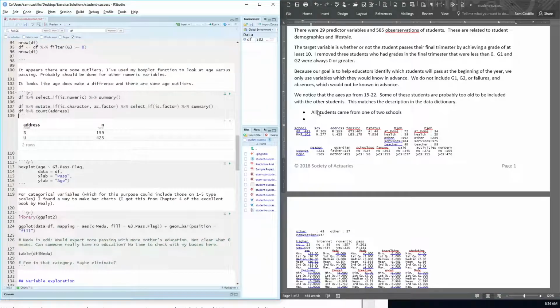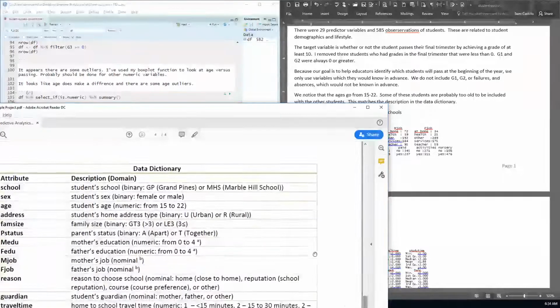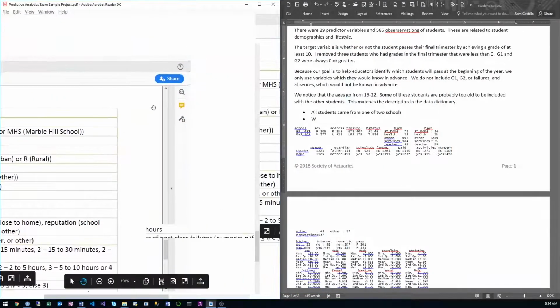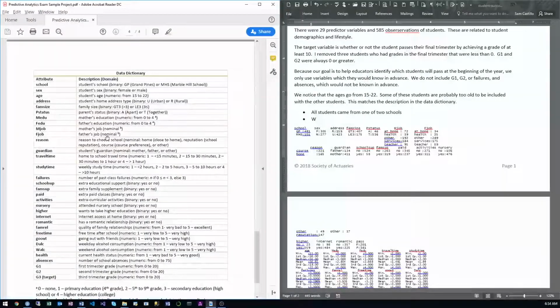It's either R or U. What does address stand for? Address is student's home address, urban or rural.